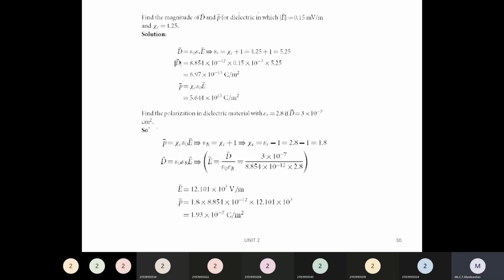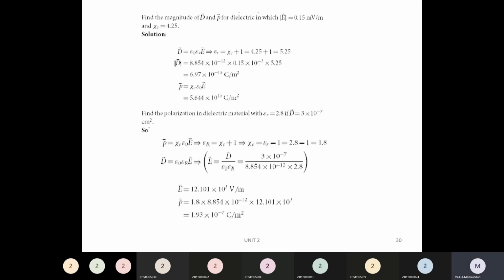Now we see a model problem relating to polarization, where we have to find the magnitude of D, the flux density, and the polarization. They are given the electric field and dielectric susceptibility.